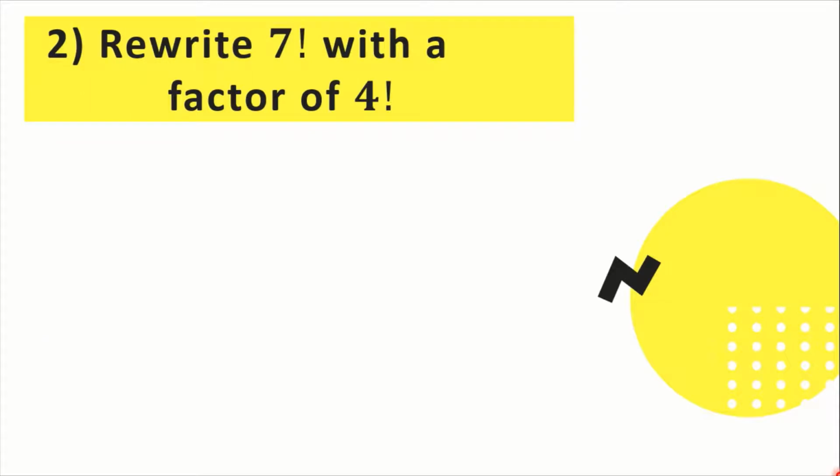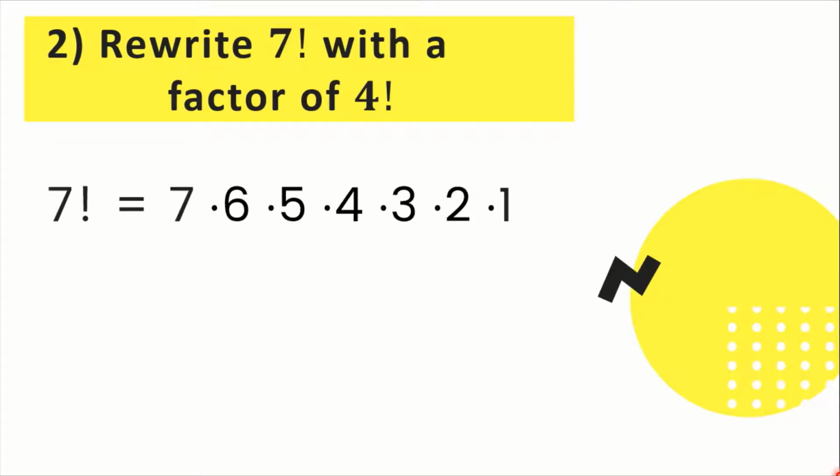Let us rewrite 7 factorial with a factor of 4 factorial. So, una muna natin gagawin is we write 7 factorial as the product of 7, 6, 5, 4, 3, 2, and 1. Now, mapapansin nyo class na dito sa ating nilista dito is 4 times 3 times 2 times 1 is equal to 4 factorial.